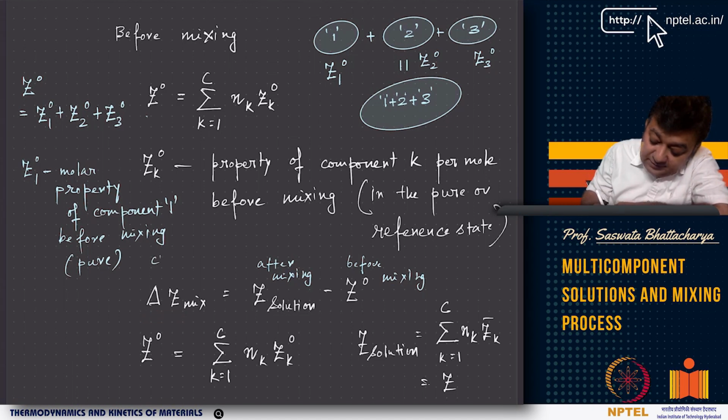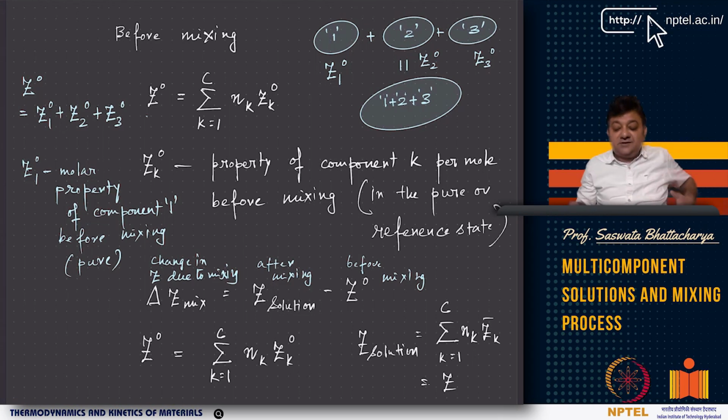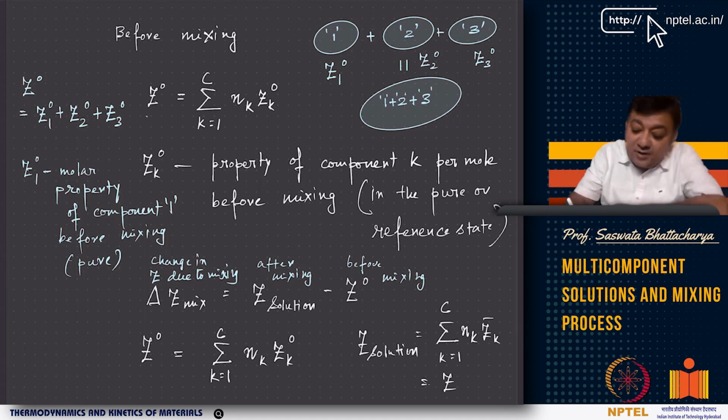So change in extensive property Z due to mixing is basically the extensive property of the solution, that is after mixing, minus the extensive property of all the pure components weighted by the mole number of each component, because these are the containers that you are mixing.